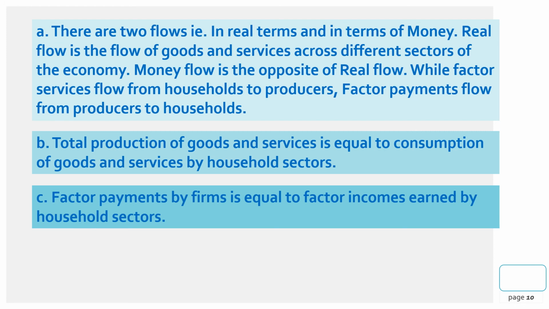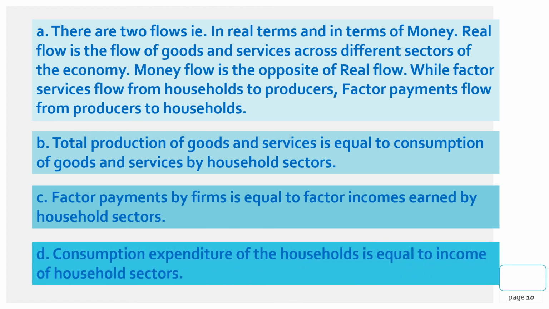So I told you earlier, when the households receive the payments, we call it factor incomes, and when the producers make the payments to the households, we call them factor payments. So both are one and the same. The consumption expenditure of the households is equal to the income of the household sector. So we saw in the two-sector model that whatever they earn in exchange for the factor services, they spend in the form of consumption expenditure when they purchase the goods and services.